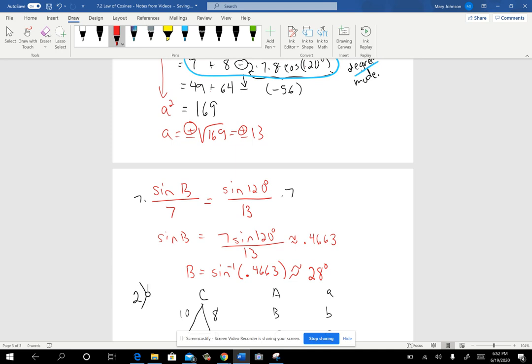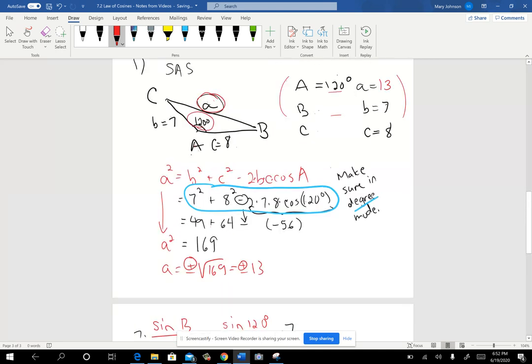So I'm going to go back and add that to our spot where we were putting in what we found. Let me make it approximately. I like to just tell myself which ones I rounded on. So this was about 28 degrees.